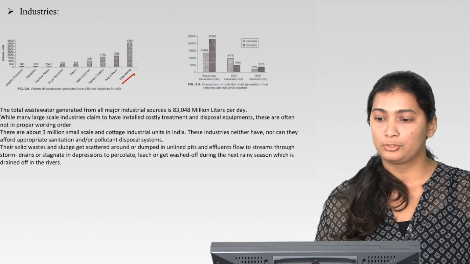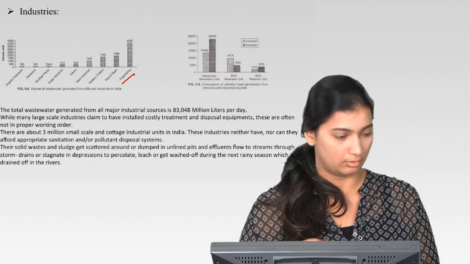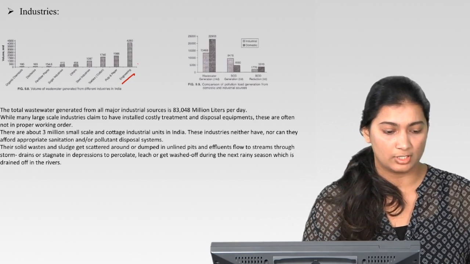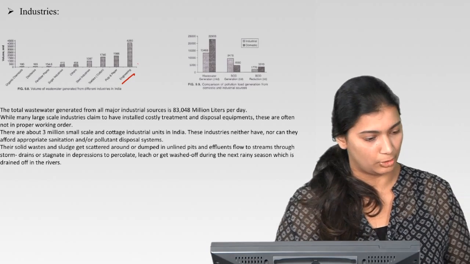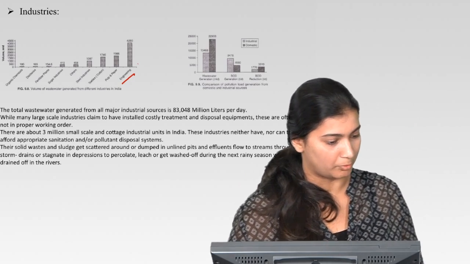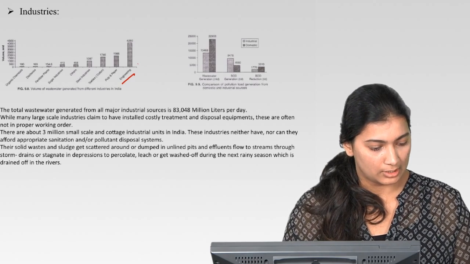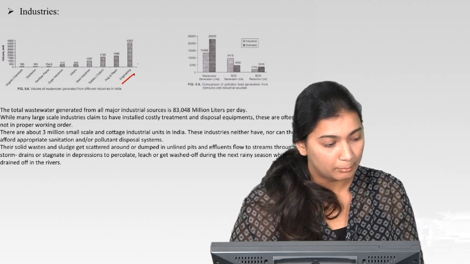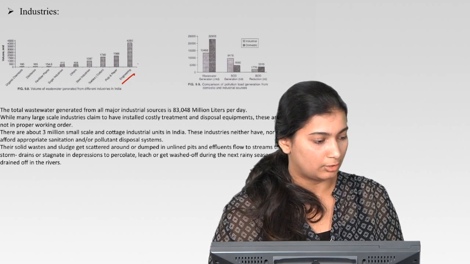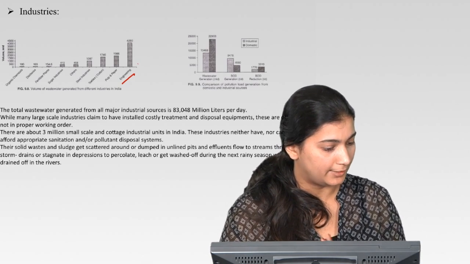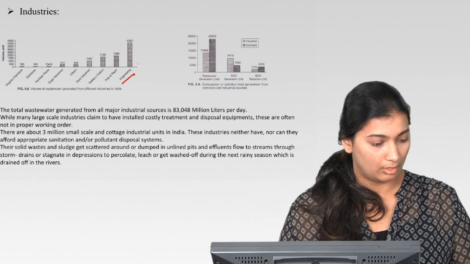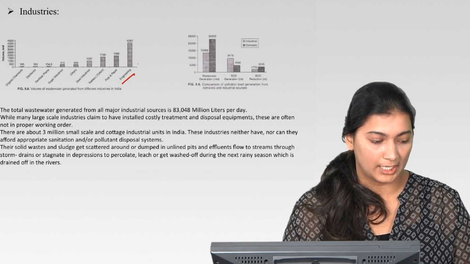Also to note, the small scale and cottage industries cause a major problem. There are about 3 million small scale industries, and they have highly polluting production technologies like tanning of leather and electroplating with cyanide baths.